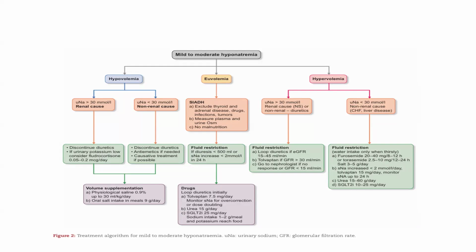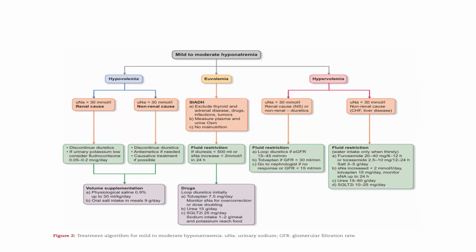In case of hypervolemia, if urinary sodium is more than 30, then it is a renal cause. Treat it with fluid restriction, loop diuretics, tolvaptan, and refer to a nephrologist if there is no response. If urinary sodium is less than 30, then it is a non-renal cause.